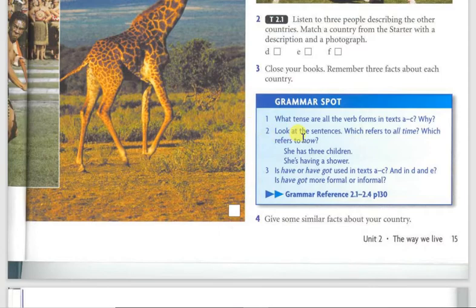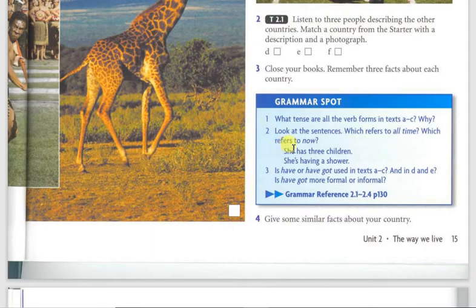Look at these sentences. Look at the sentences, one which refers to all time, and one which refers to now. So you have 2 sentences. Okay, she has 3 children. She's having a shower. One of the sentences refers to all time, meaning there is no specific time, it talks about something in general.